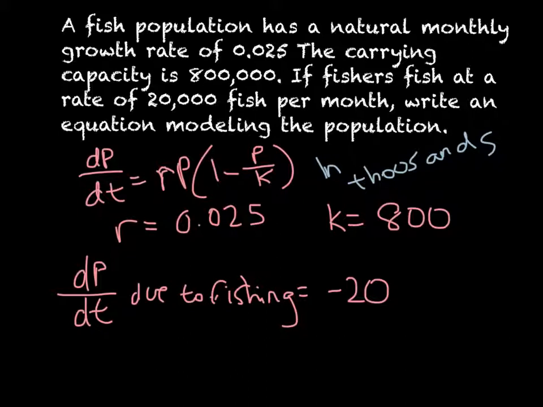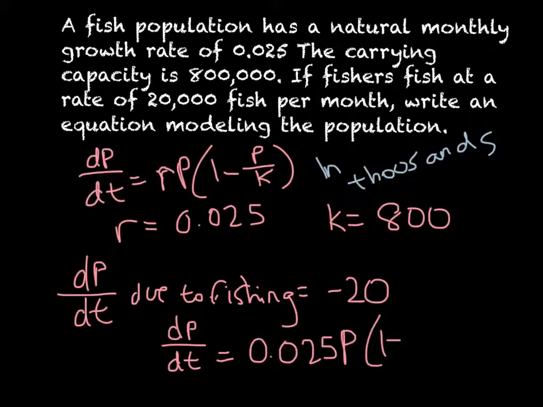So now, in order to find the total change in the population, we'll just add those two together. So our true dp dt equals, I'm going to plug in my values for r, 0.025 p, 1 minus p over 800, and then finally subtracting 20. And that's our model for the population.